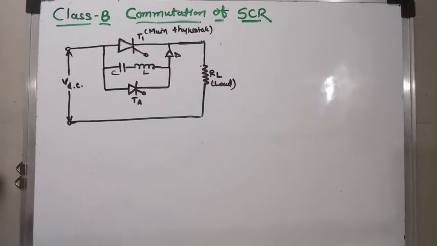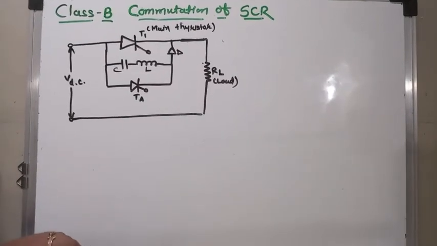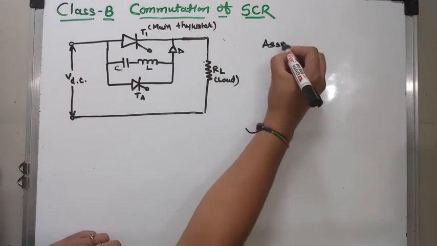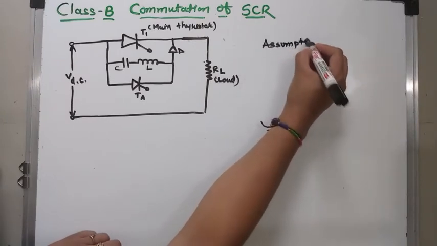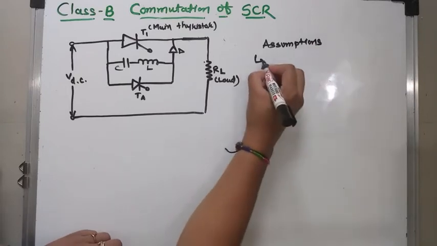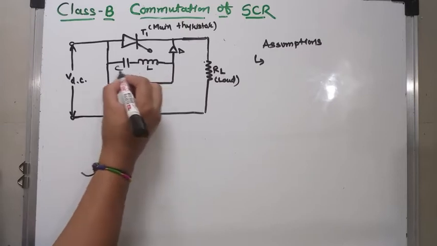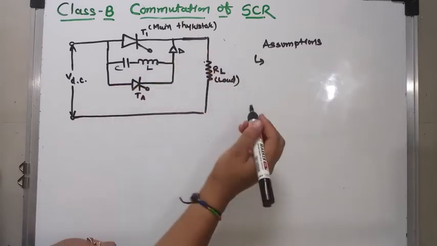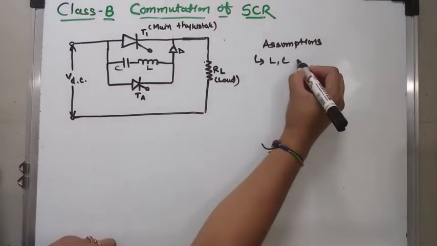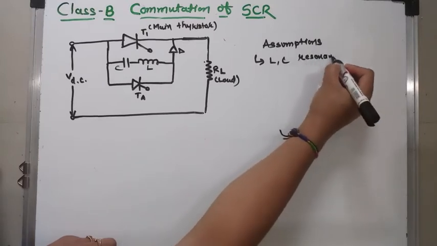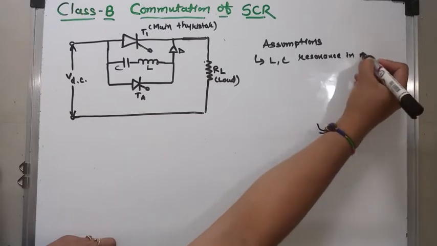Now a few assumptions are made before we start to learn about the class B commutation. First, L and C are resonant in nature.